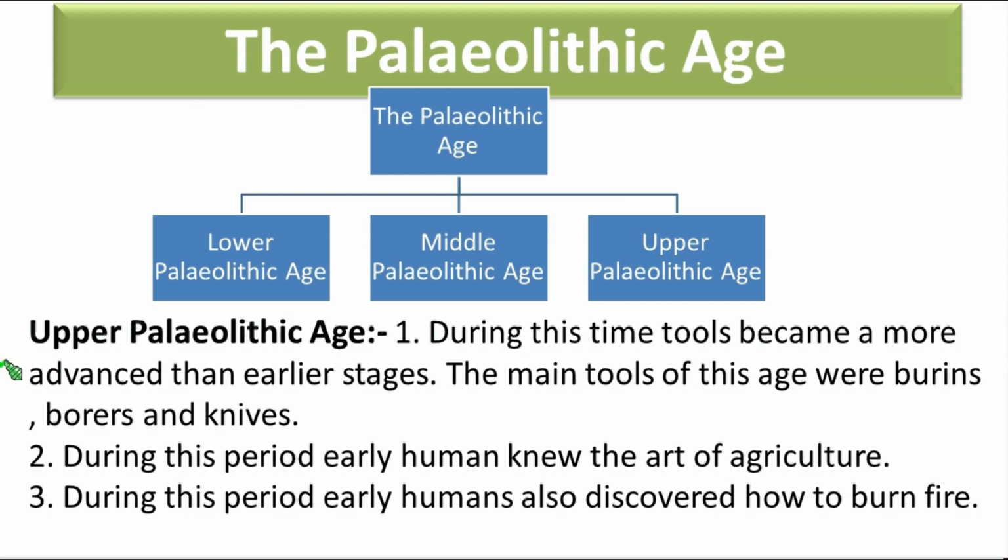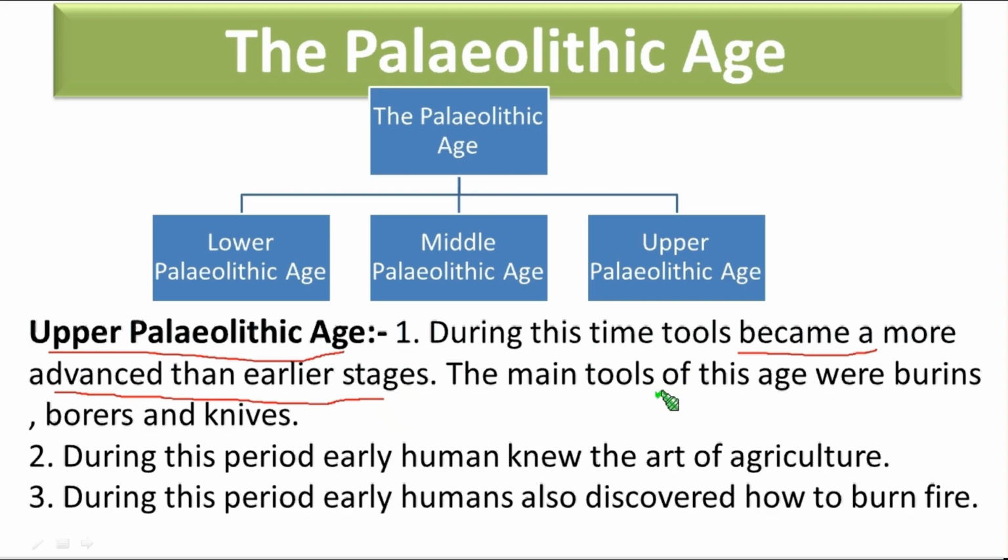After this, the next stage is Upper Paleolithic Age. During this time period, the tools became a bit more advanced than the earlier stages, and these stone tools were polished and of better quality.